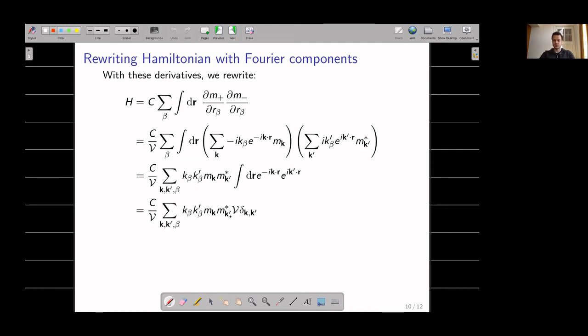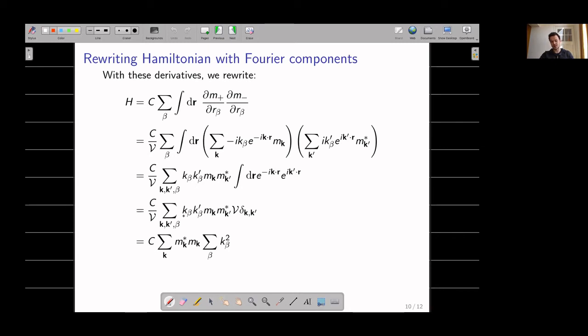Of course, there is the volume in front, integrated over O space. And now I think it's very evident that one can replace k with k prime in the sum. One of the sums will disappear here, and we're going to end with a single sum over k and one sum over beta.